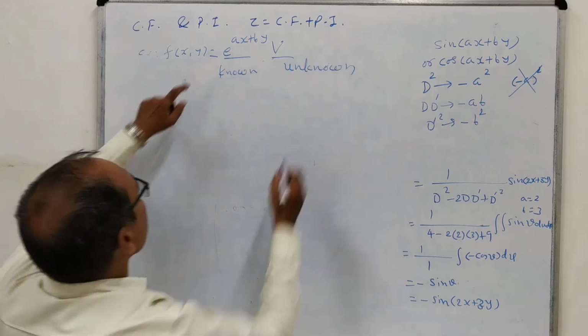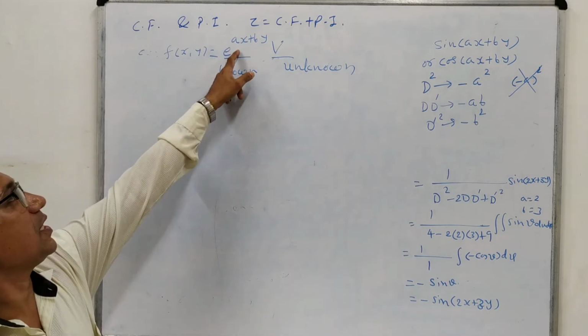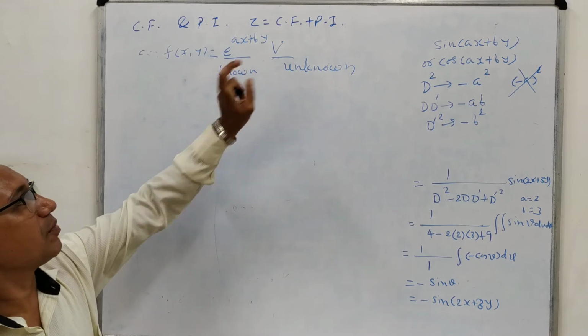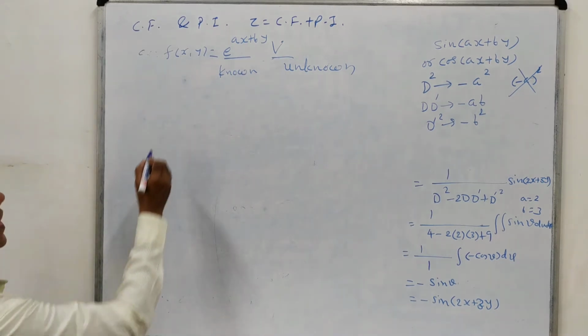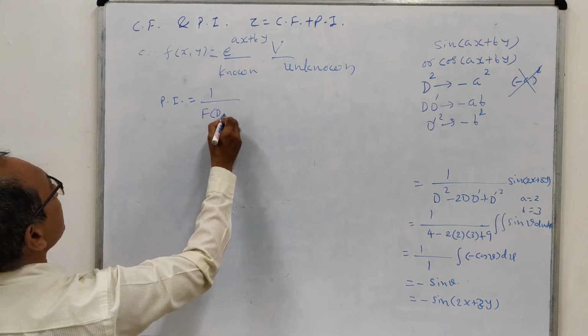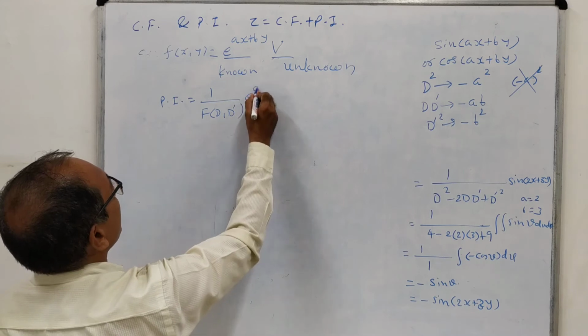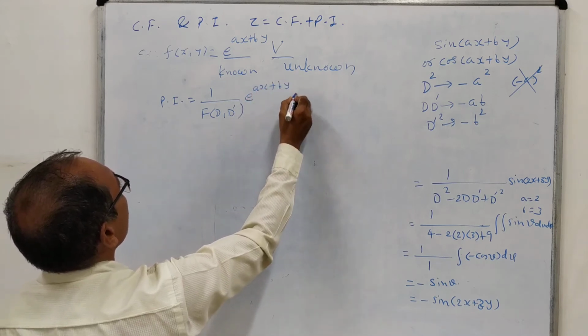Out of the two functions, if one function is known, and it must be e^(ax+by), and the second function is unknown, then PI can be obtained as 1/f(D, D') into e^(ax+by) V.